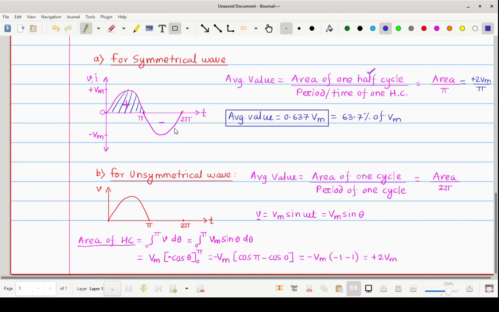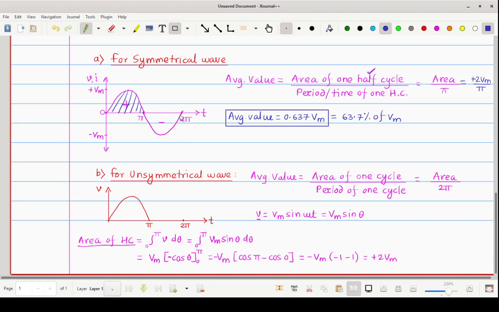If you calculate this for the full cycle, you will get zero, because the positive area is exactly equal to the negative area, so they cancel each other out. So for a symmetrical waveform, the average value is calculated only for one half cycle, not for the complete cycle.